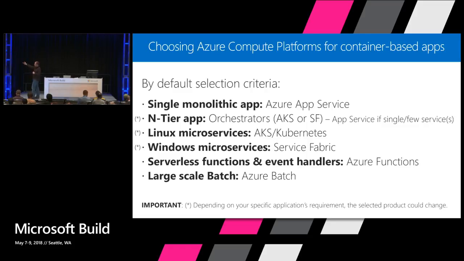And then talking about microservices, you can use Kubernetes, AKS, or you can use Service Fabric. Microservices is out of the scope of this session, but since we are talking about these platforms, my recommendation is AKS and Kubernetes is more mature in Linux. So if you are deploying to Linux, probably my recommendation would be to use Kubernetes.